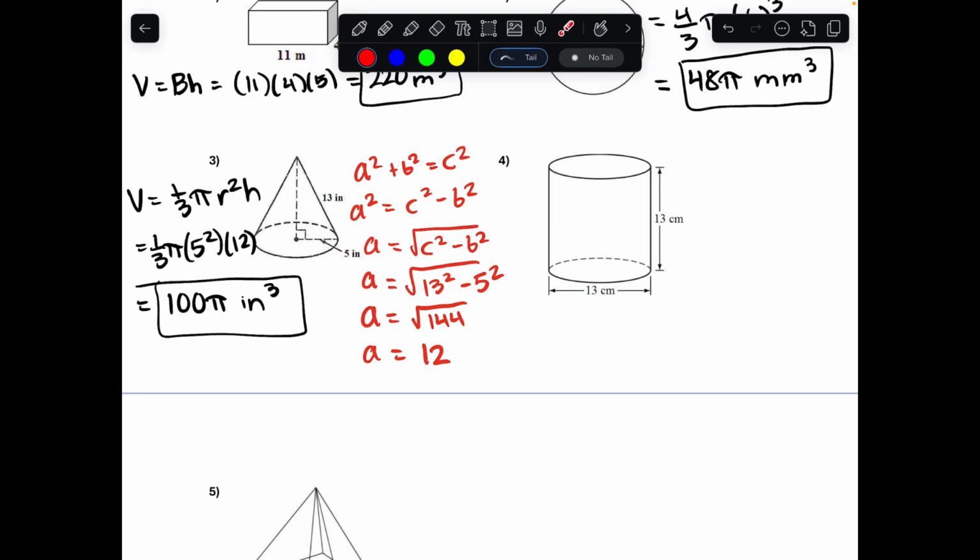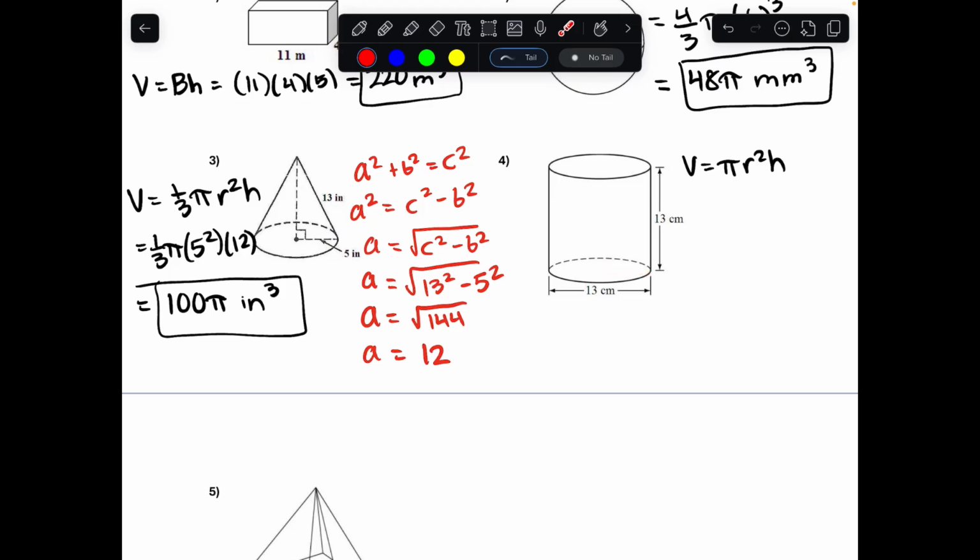Now, moving on to number 4, we have ourselves a cylinder. And so the volume of a cylinder is going to be volume equals pi times r squared times h. However, I know what my height is, it's 13 centimeters. I don't know what my radius is. But they did give us a diameter, and a radius is going to be half of the diameter.